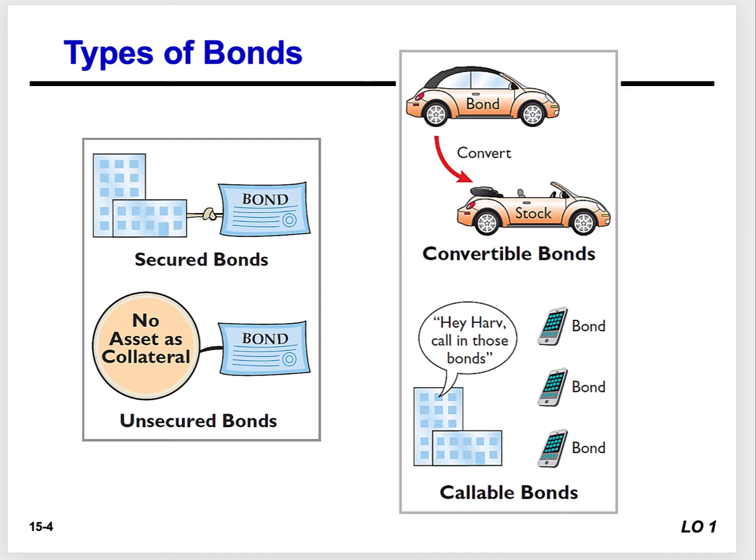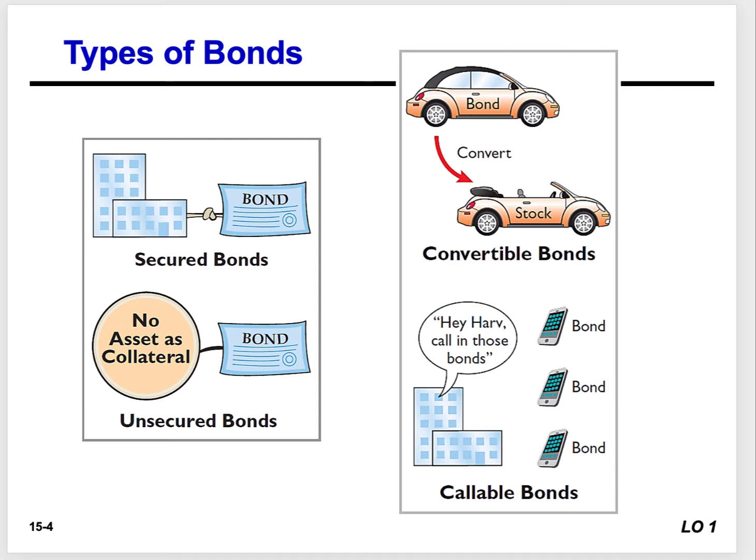So let's say, for example, I need to raise $1 million cash because I want to buy a brand new machine that's going to help me make widgets. I'm going to make widgets, sell them, and hopefully turn a profit. Because I have a secured bond, this $1 million asset that I'm going to buy by borrowing money from a third party, aka the bondholders, I pledge that asset as collateral.